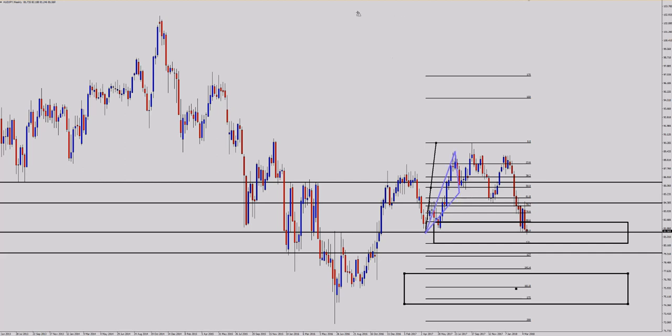Down here, come up here, come down here. We could take that and stretch it out a little bit right there. So we got the buy zone right in this zone.